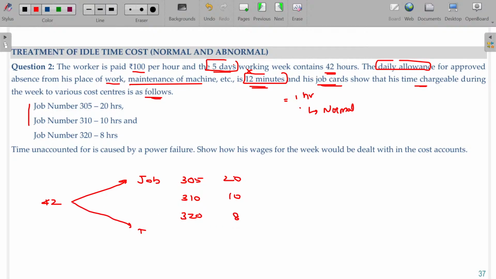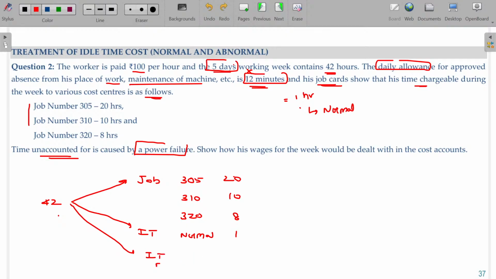And idle time, what about this one? Normal. 1 hour is allowed. Out of 42, currently we have 39. Time unaccounted for is caused by power failure. So, again we have still idle time because of power failure.